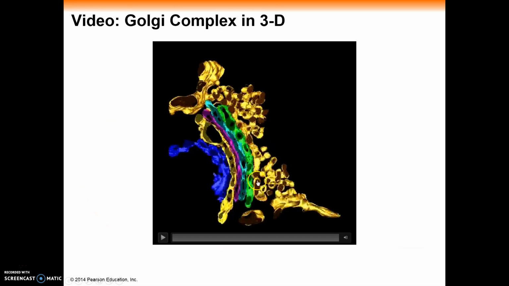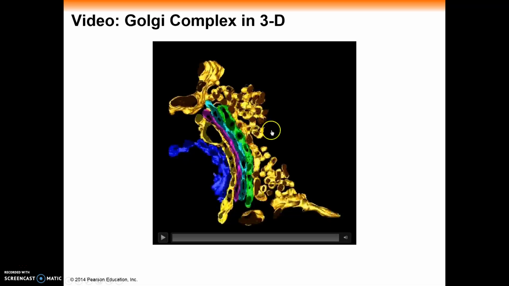Here's kind of a three-dimensional image that we're going to look at here that has the different layers. So all these different colors indicate different independent pieces of membrane material. You can see some of these are going to be fairly simple in nature, just essentially a big flat pancake.